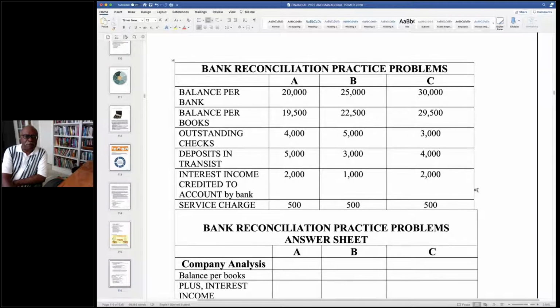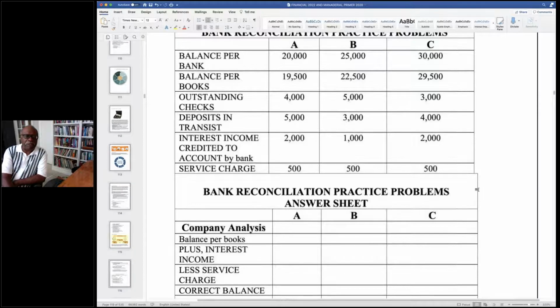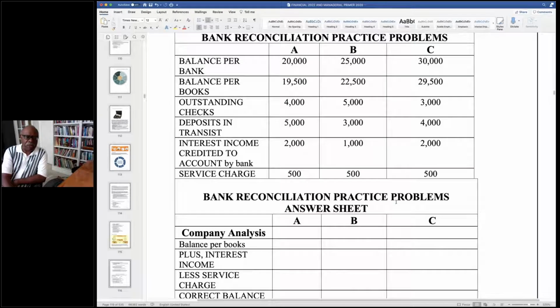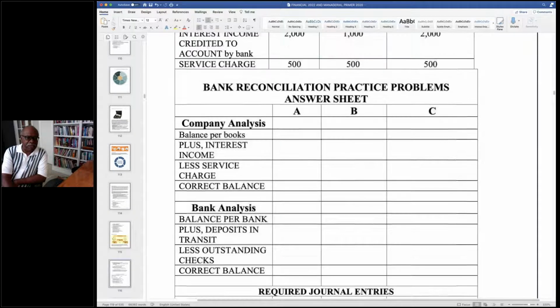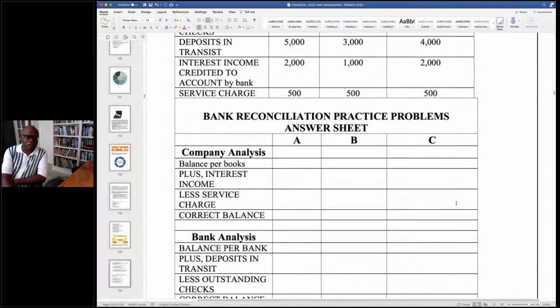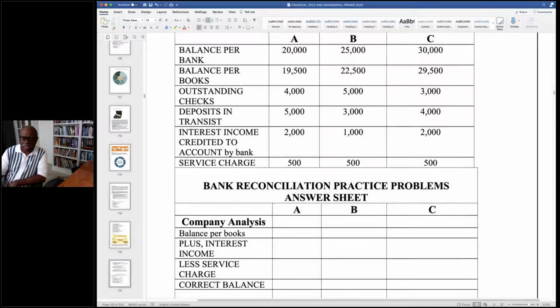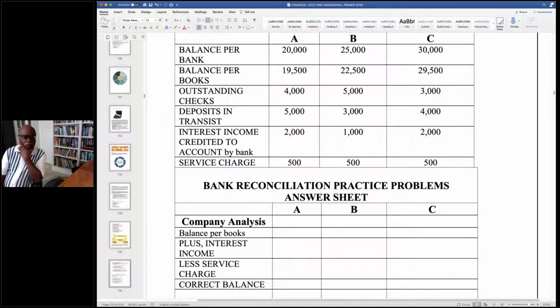So your job now is to do the reconciliation, starting with A, B, and C. You're going to do the company analysis, then the bank analysis. So begin work. Do the company analysis, then do the bank analysis.